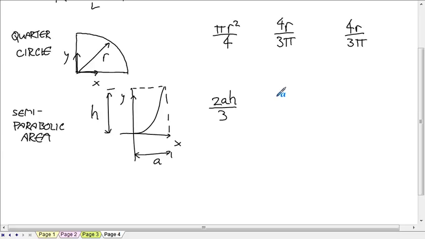And the centroid is 3a over 8 and 3h over 5.